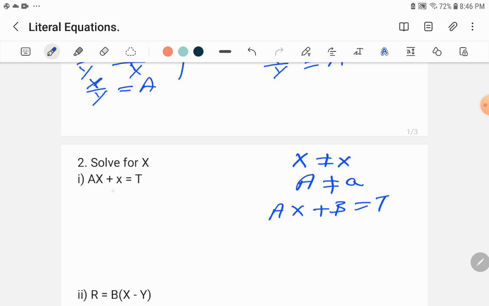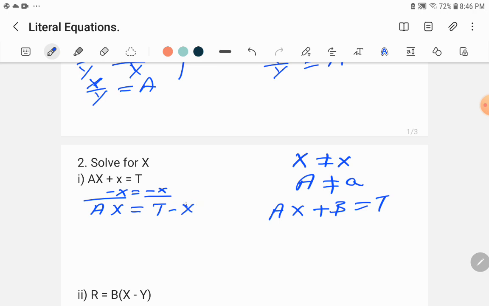Okay, let's go back to the question. So lowercase x and capital X are not the same, so we could subtract lowercase x from both sides. So we have a capital X is equal to t minus lowercase x. By the way, we're solving for capital X, okay?